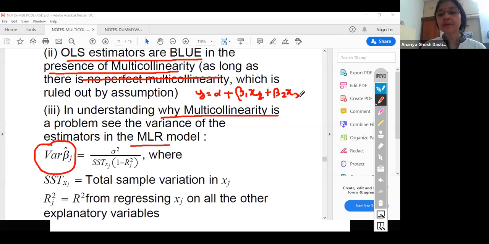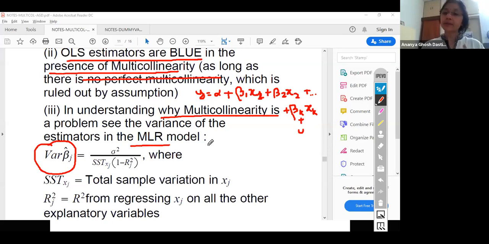I assume that I have k explanatory variables, plus beta k xk. This is my model, where the betas are all unknown parameters. Now I have a multiple regression model. I have k plus 1 unknown parameters, k slope terms and alpha, one intercept term. K plus 1 unknown parameters are going to be estimated.